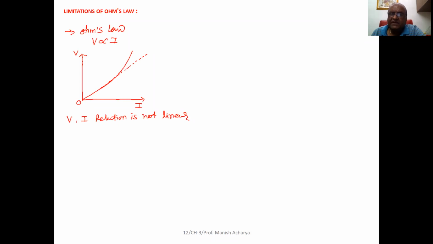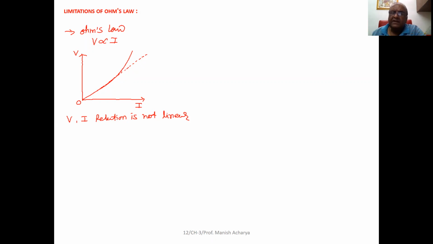It is an experimental observation, and under certain fixed conditions, Ohm's law is obeyed. See, Ohm's law suggests there is a linear relationship between voltage and current for the substance or conductor.